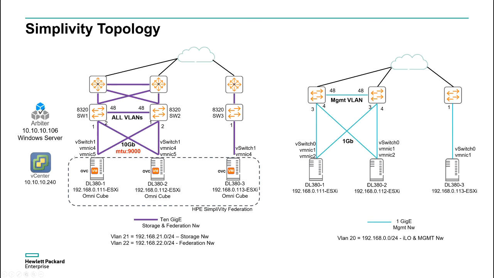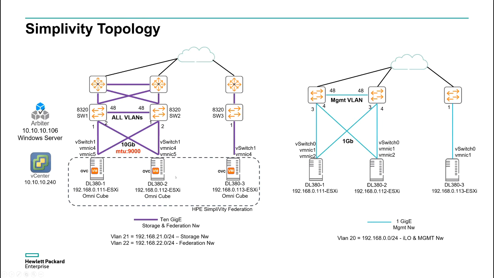Generally, it is installed on a vCenter server or on a dedicated Windows server. It is recommended to run even the vCenter outside the Simplivity Federation. Then the Simplivity extension is installed on the vCenter server, and using the vCenter extension you can manage the entire Simplivity Federation.